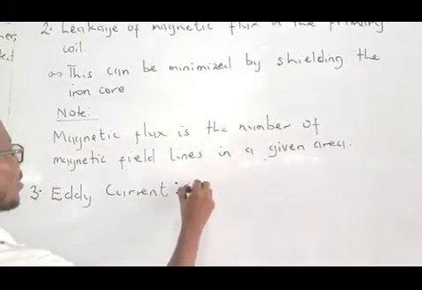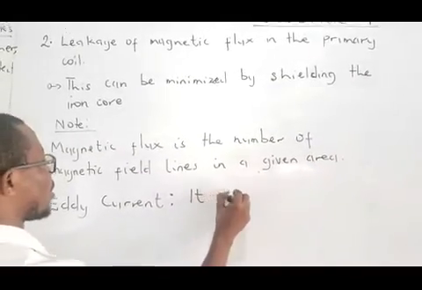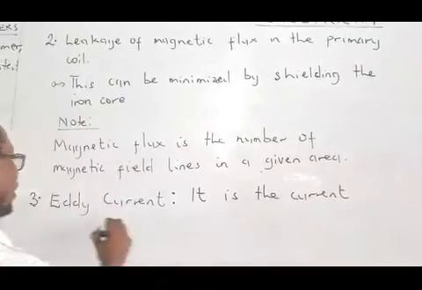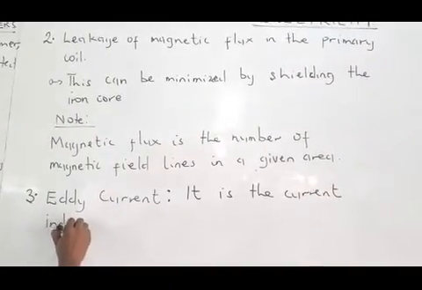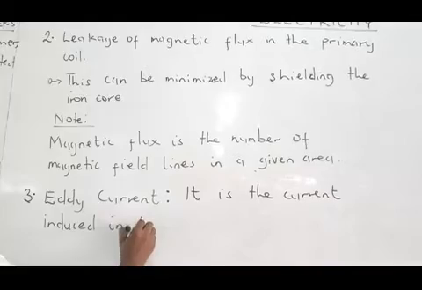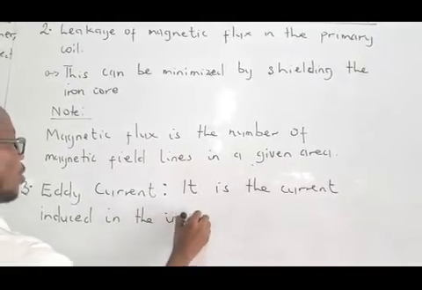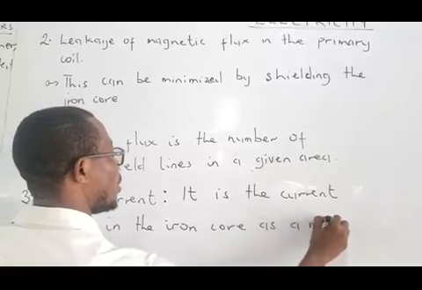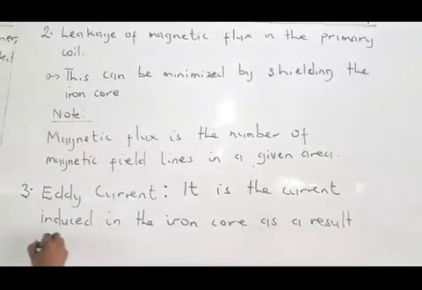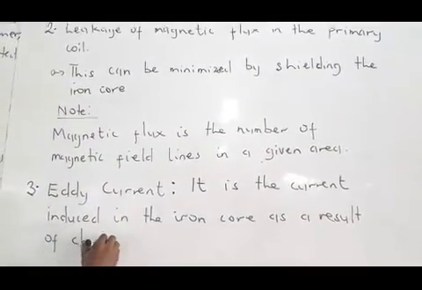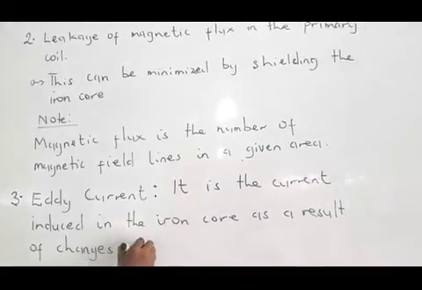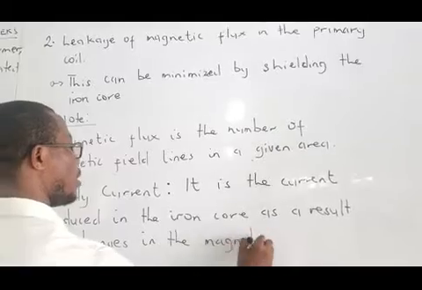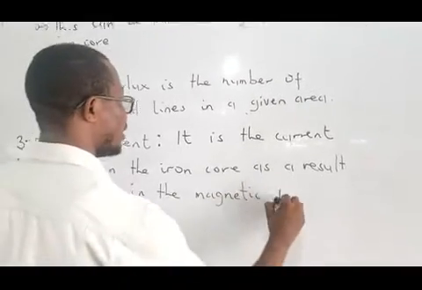Okay, what is eddy current? It is the current induced in the iron core as a result of changes in the magnetic field.